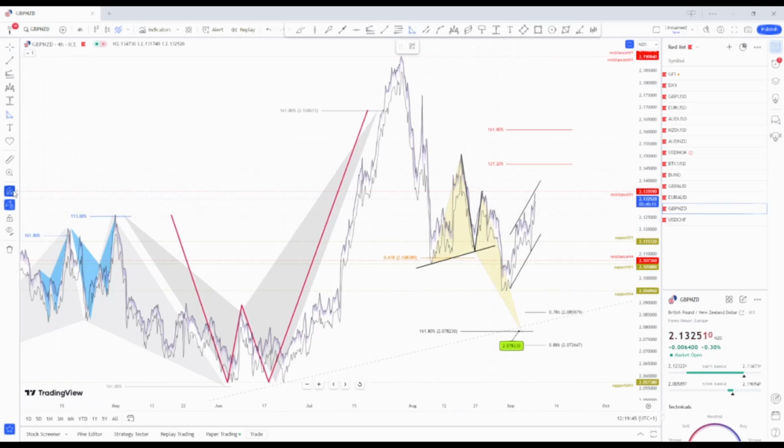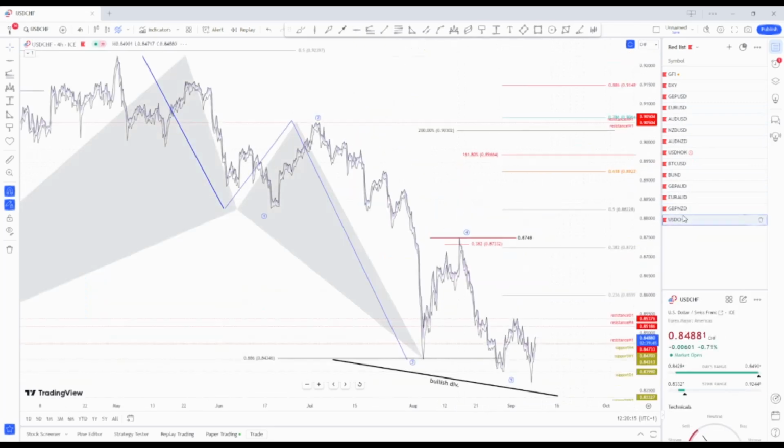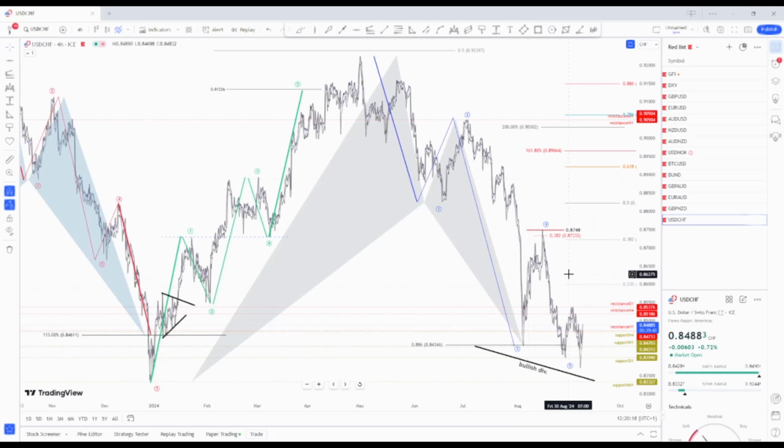So we have what we may call a potential bearish butterfly pattern at the 127% Fibonacci level, which lies at 214.68, basically the 127% Fibonacci extension level that converges with the retest of this fractal resistance level printed at 215.0. So pay attention to a retest of that zone again for the pound versus the New Zealand.